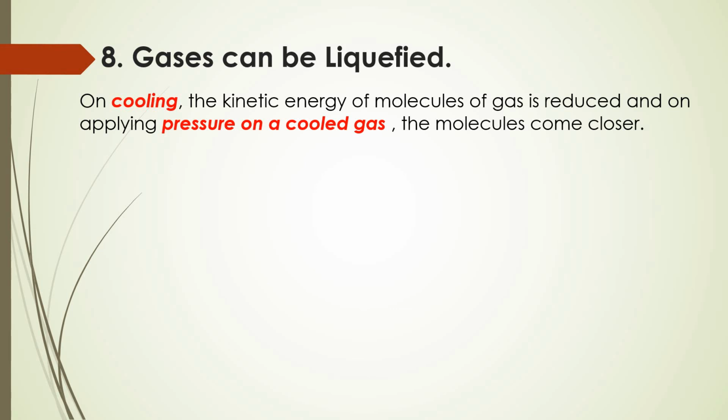That means to liquefy gases we have to follow two steps. First, we have to cool the gas. When we cool the gas, we are decreasing the kinetic energy of the molecules. When the kinetic energy is reduced, molecules will not move that fast, so their motion will come down.